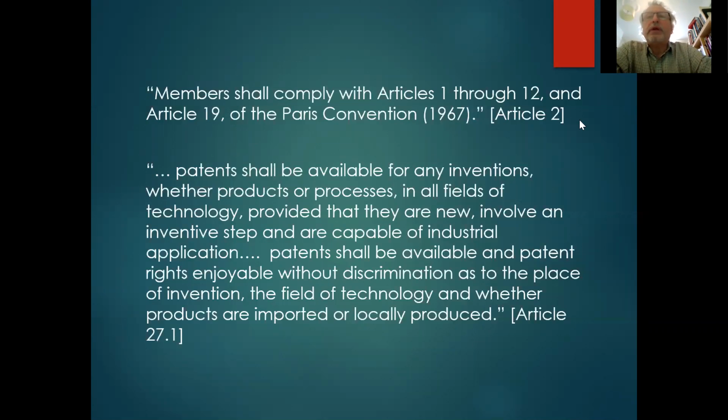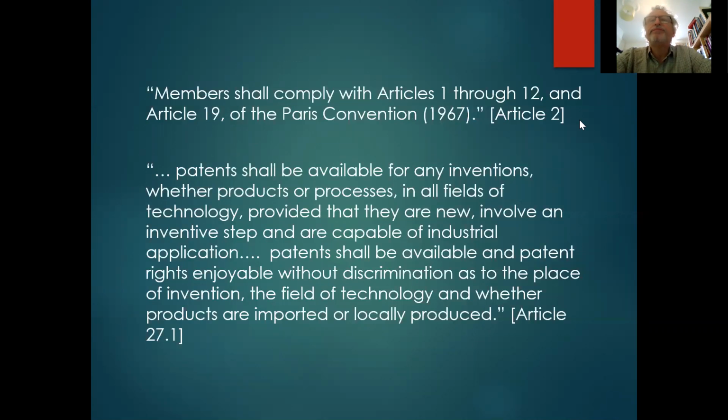Patents shall be available and patent rights enjoyable without discrimination as to the place of invention. So here you have non-discrimination again, which is of course a running theme in trade law. But in the sense of the place of invention.